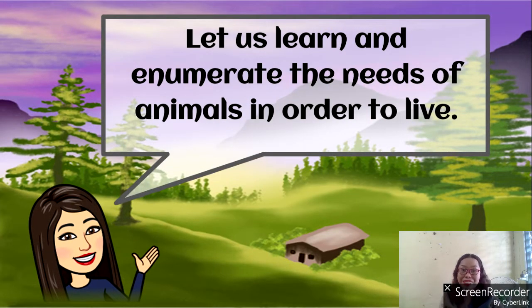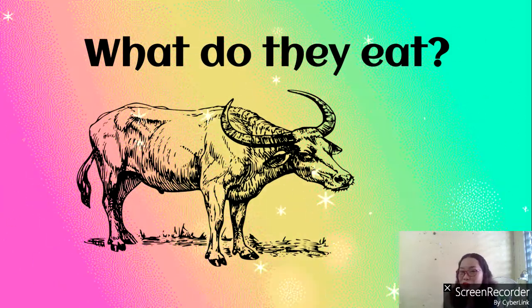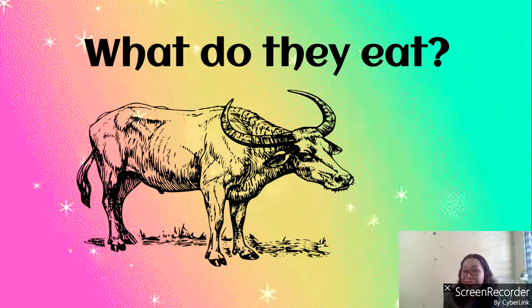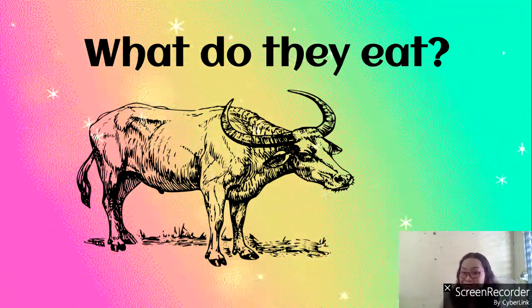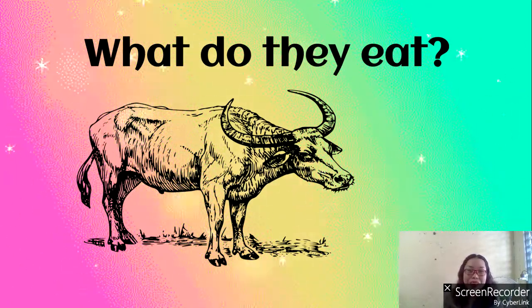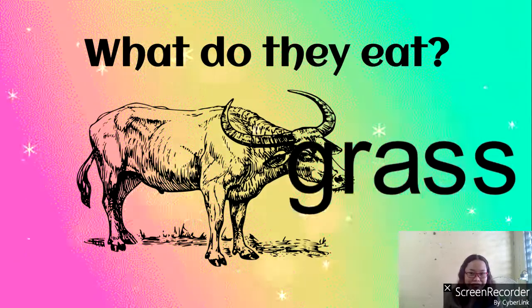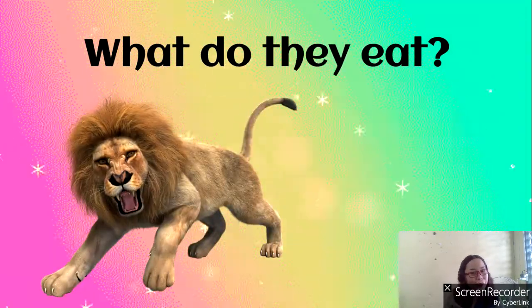So let us learn and enumerate the needs of animals in order to live. But before that, I would like to ask you this question. What do they eat? Could you please tell me the food that the carabao eats? Yes, you're right. The carabao is eating grass. How about this animal?